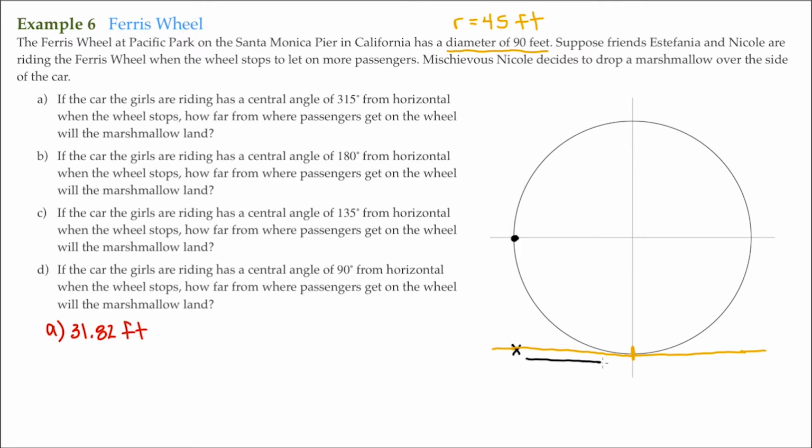So how far is that from where the passengers get on? And what we've learned in the past, and visually we can see that it's going to be the length of the radius. So that's simply going to be 45 feet. So for B, that's 45 feet.